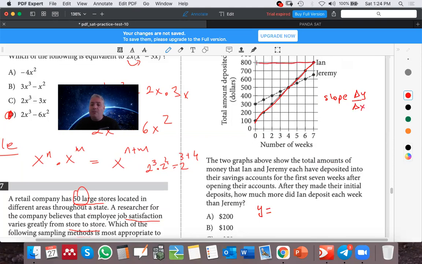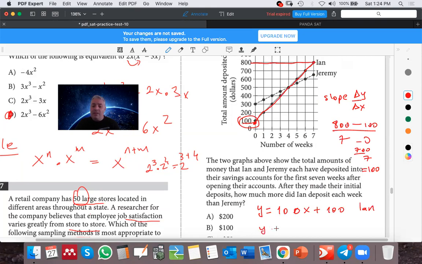For example, the y value is 800 and the starting point, if I choose 100, at time 7 on the x-axis and 0: 800 minus 100, 700, divided by 7, is 100. So this is 100x plus the initial money in your pocket, 100. This is the equation of Ian.